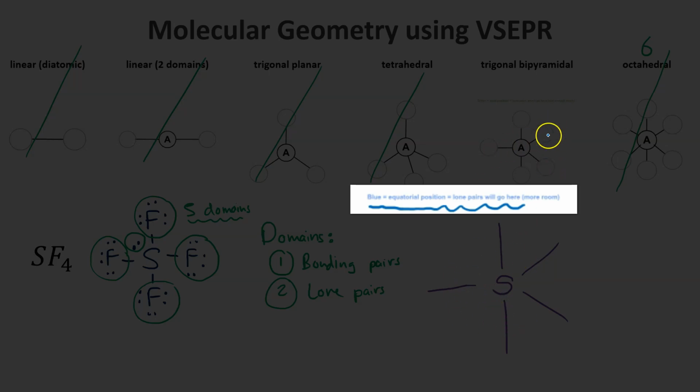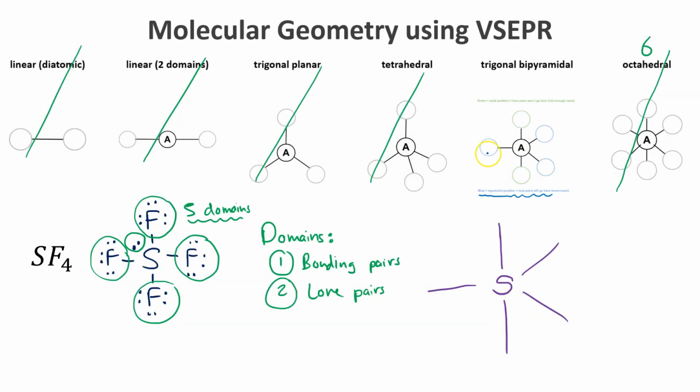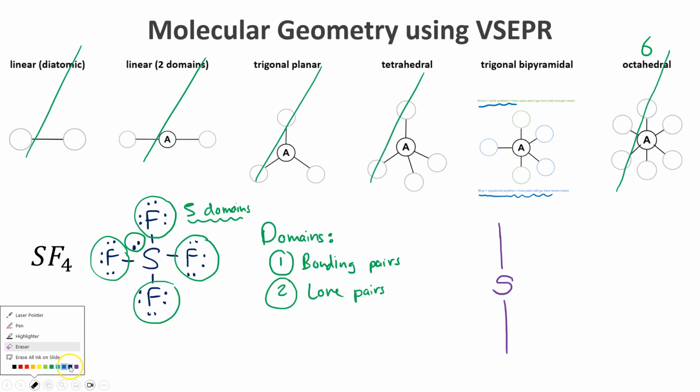They're shown up here in different colors, and maybe I'll color code my sketch here too. There's these blue positions that are called equatorial positions, and then there's these green ones that go straight up and down. Those are called axial positions. Let me erase this purple coloration so I can color code those same things on my sketch. We've got these 3 equatorial positions in dark blue and the 2 axial positions in purple.